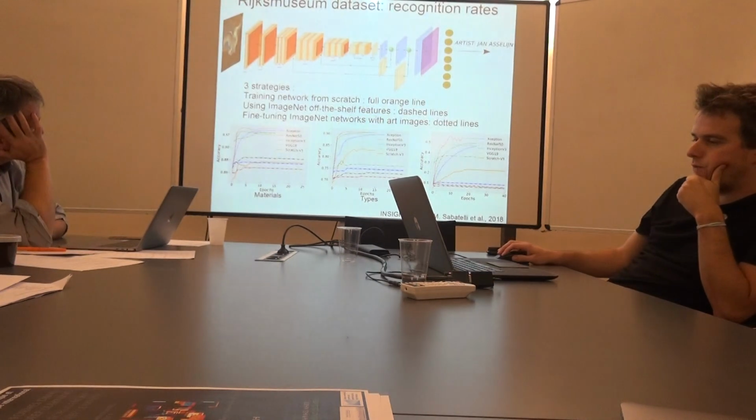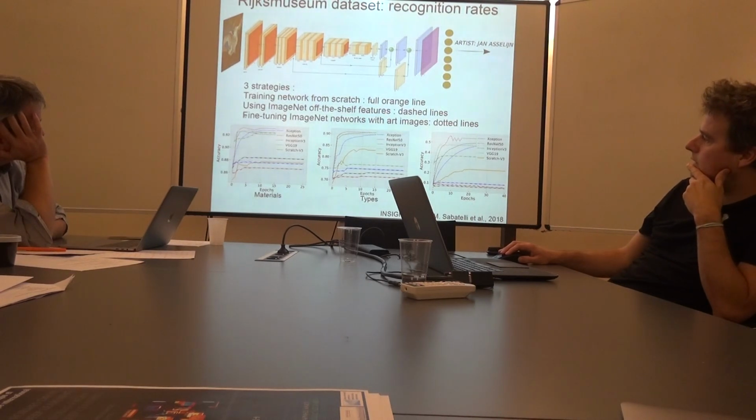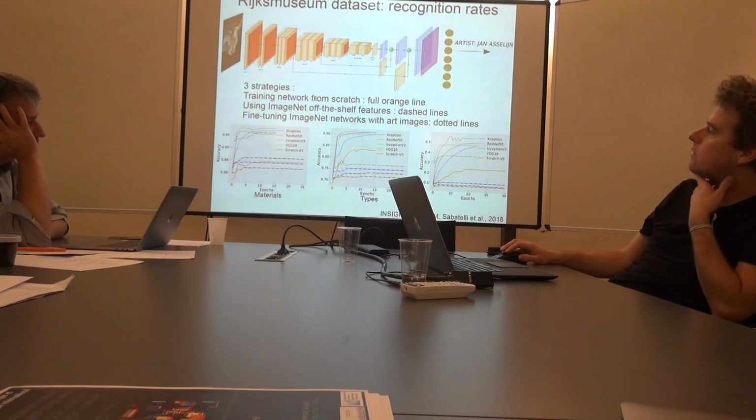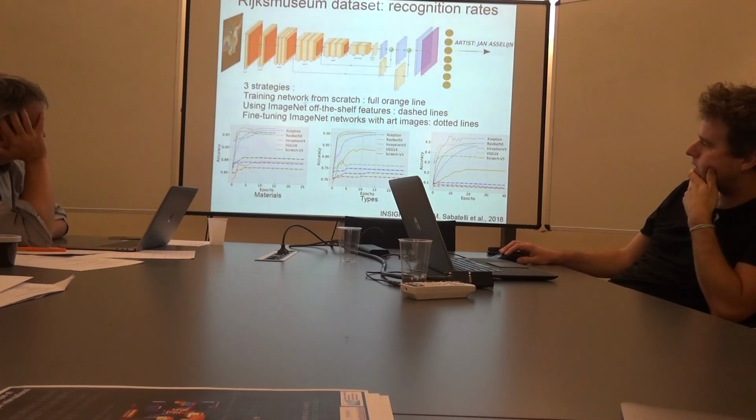Again, we used different strategies, basically using the networks as they are without any adaptation. This is the ImageNet off-the-shelf features. He also tried to fine-tune these models, and he also tried to train networks from scratch, so basically not using the ImageNet images at all.